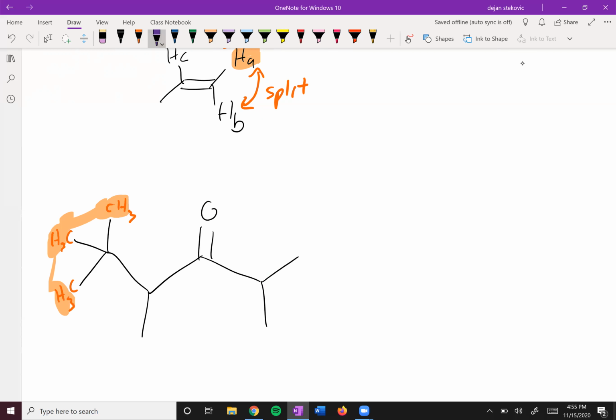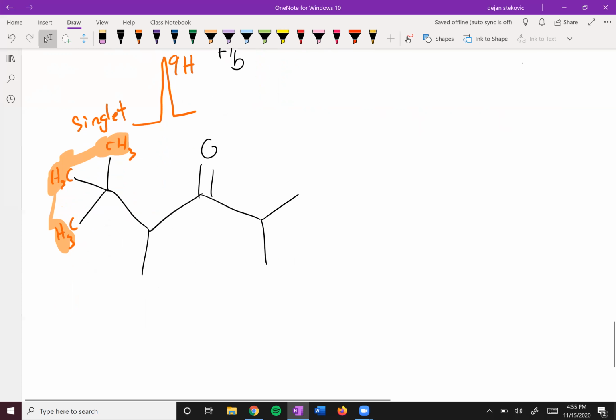And if we think about neighboring hydrogens, there are no neighboring hydrogens on this neighboring carbon. And so this would be a singlet. So you'd see a big peak and it would integrate to 9 hydrogens, right? There's no hydrogens here, so we don't worry about that at all.